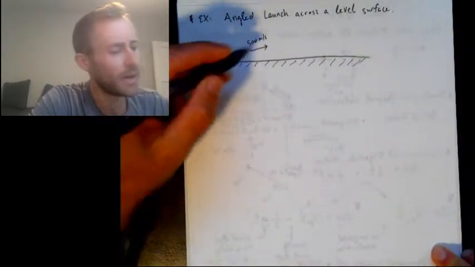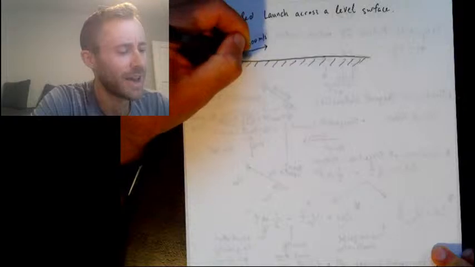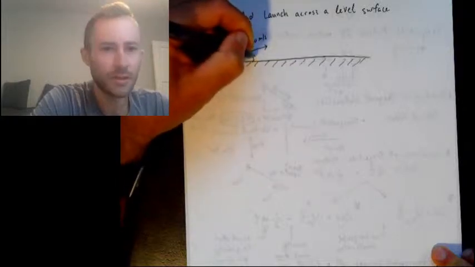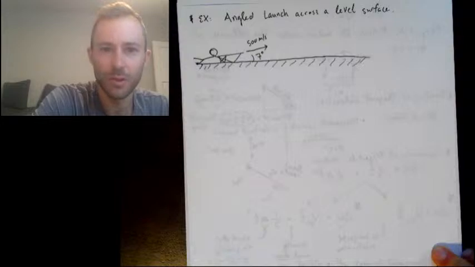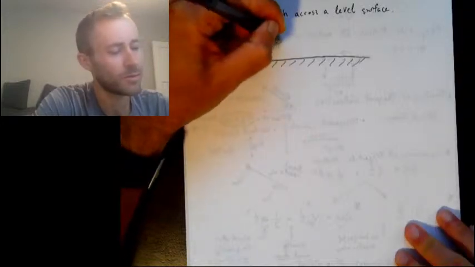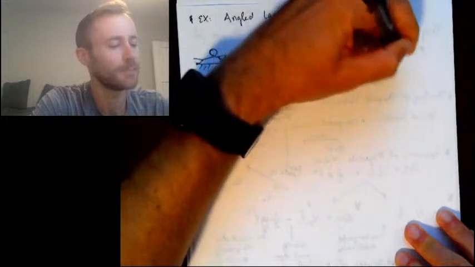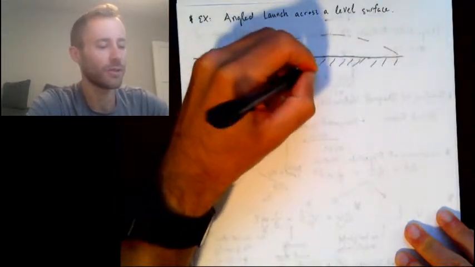That could be bad. But I'll talk about that in the Zoom call. And you launch it at an angle of, let's say, 7 degrees above the horizontal. So the sniper rifle bullet goes, and we want to know, how far does it go?